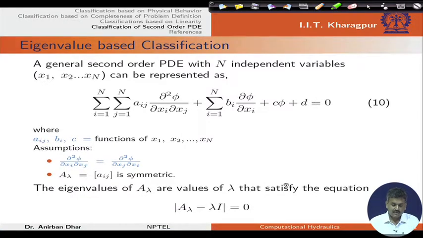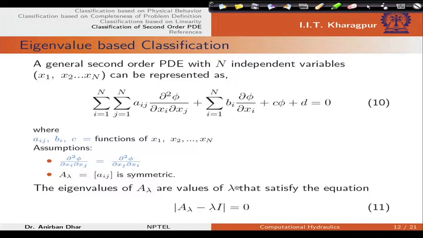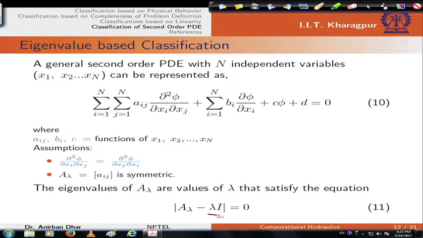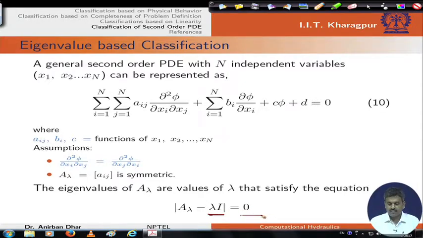So, with this assumption, the eigenvalues of A are the values of lambda that satisfy the equation determinant of A minus lambda into I, which is identity matrix, should be 0. If we can solve this equation, we can find out the values of lambda depending on the order of equation.